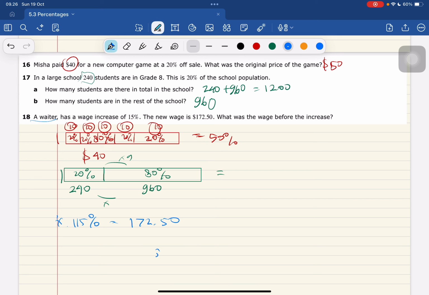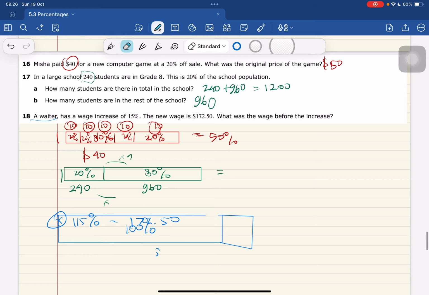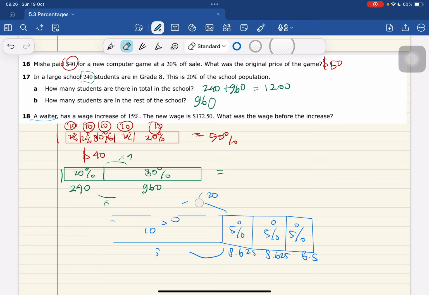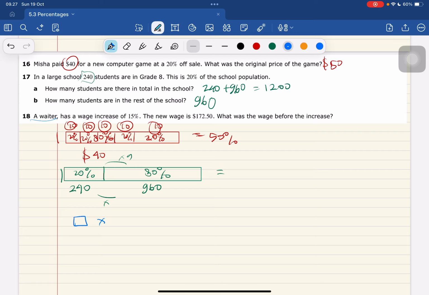So we don't know the amount before. Let's make it x before. So we can find it this way, over 100. Okay, let me erase this. As we know, a number times 115% or over 100 is equal to 172.5.